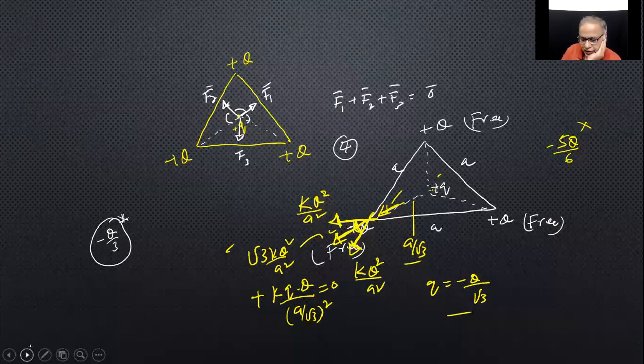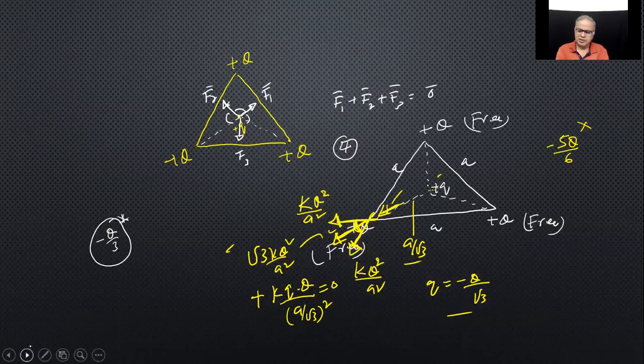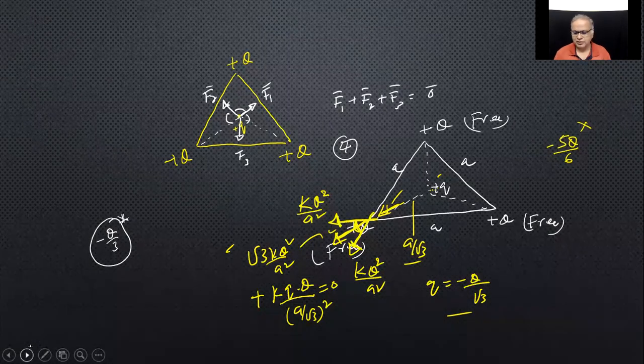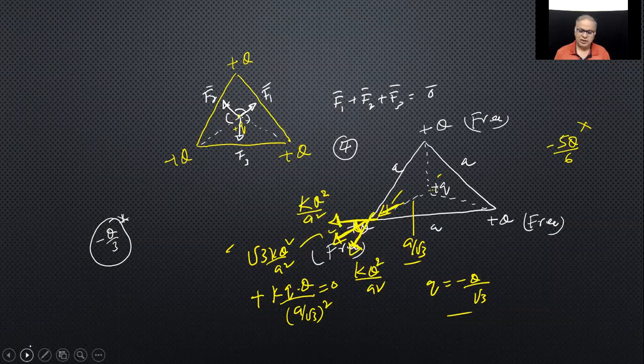So I did for 2, I did for 3, but I would like to generalize this whole situation. There are some finite system of charges like this, far from anything else, meaning only these charges are there and no other influence. Not just 3, there can be many.